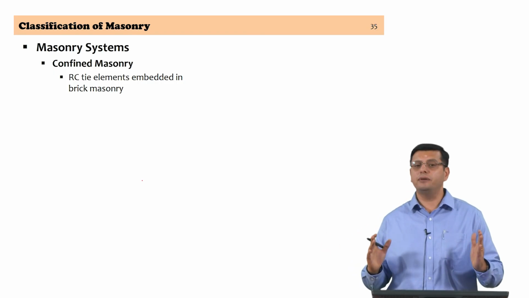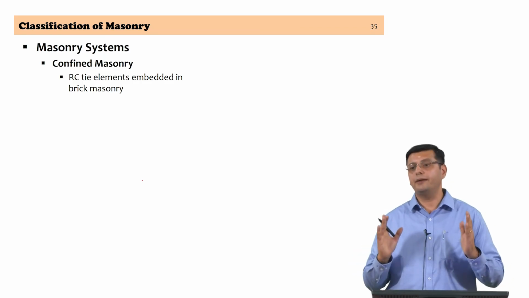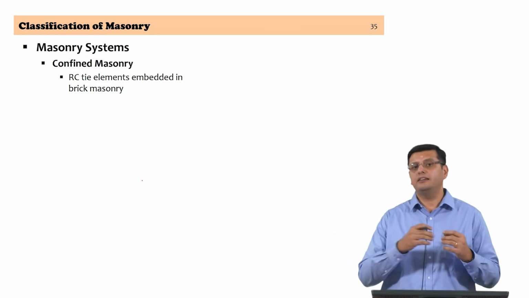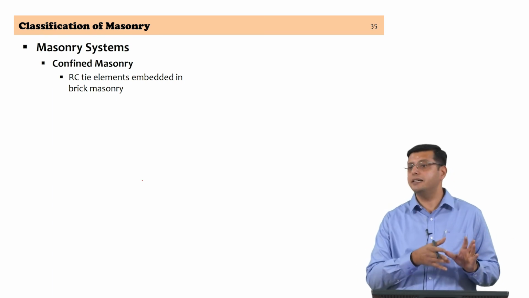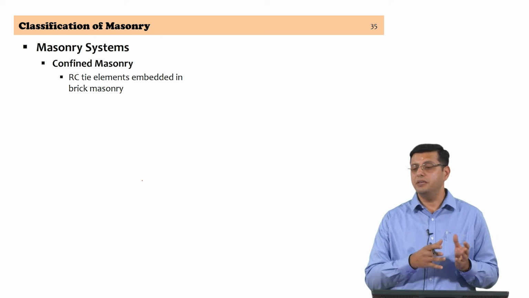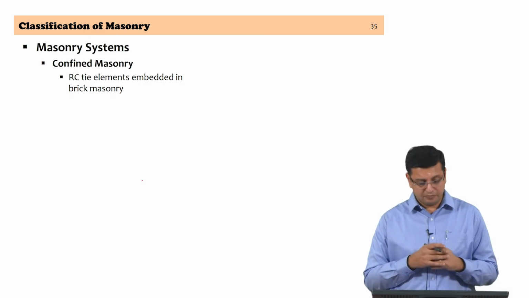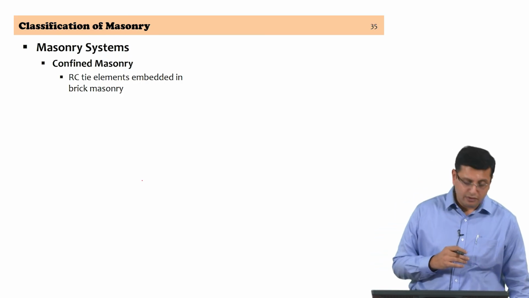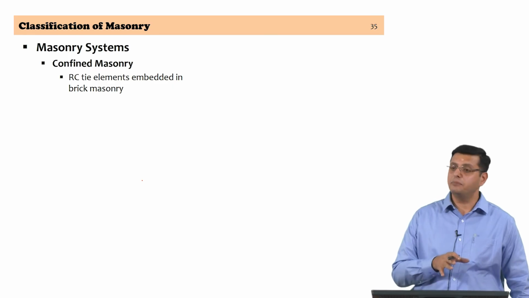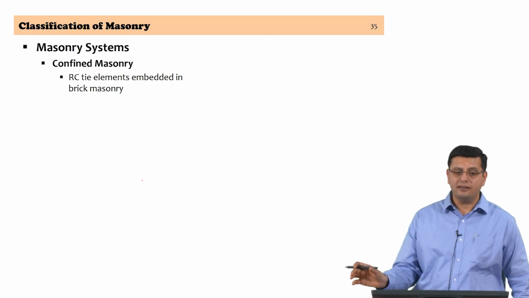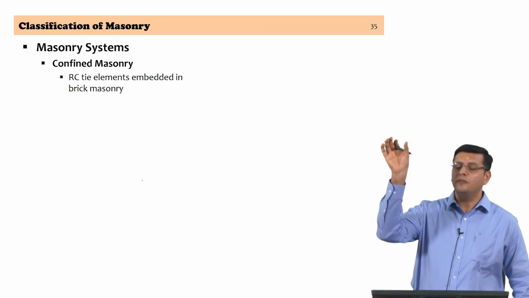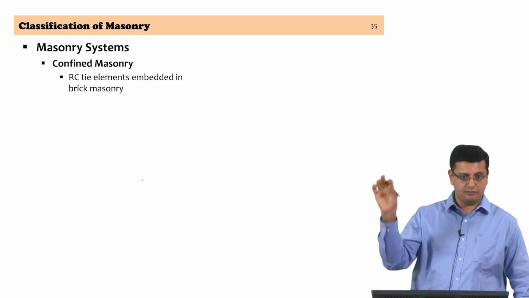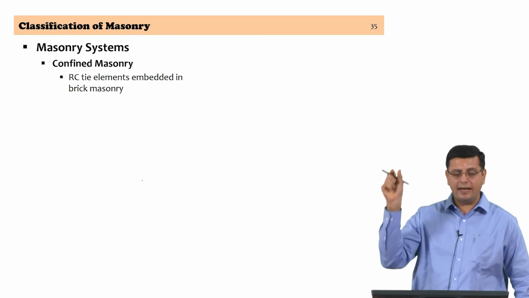The confining elements confine the masonry wall and provide deformation capacity. The confining elements themselves go into tension, and that is why we are talking of RC ties as beams and RC tie columns. Now, you can construct confined masonry systems by having a space designated for the RC tie elements, the beams and the columns.